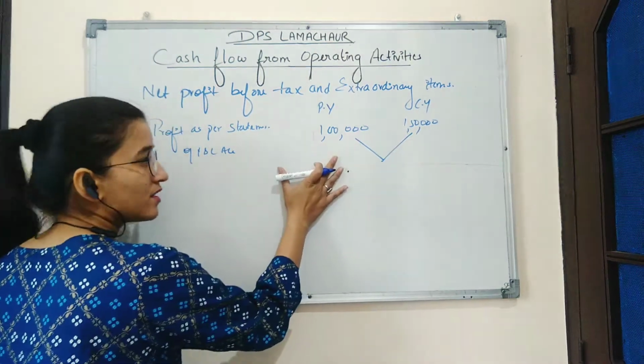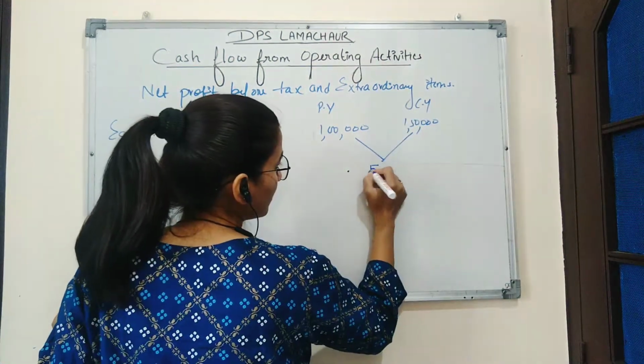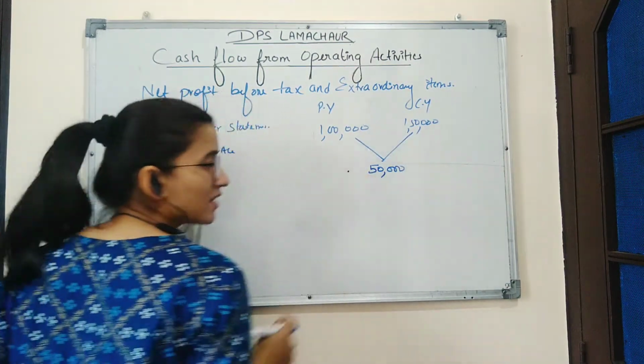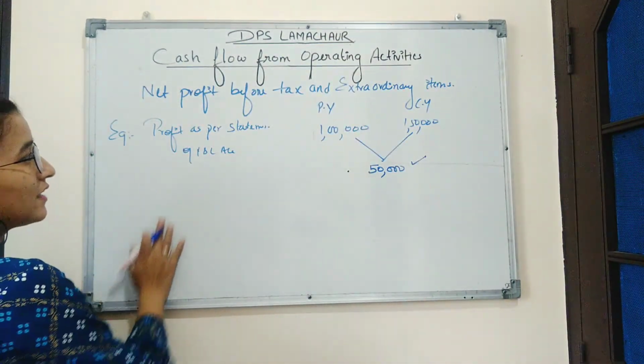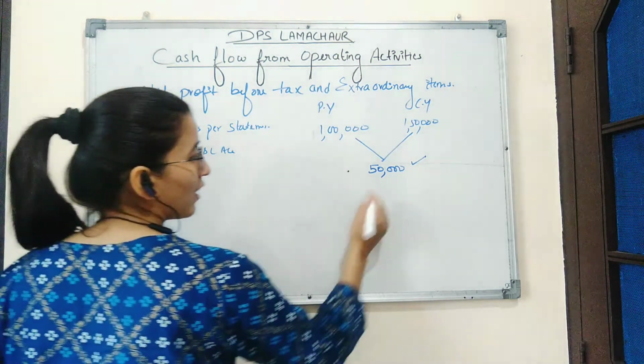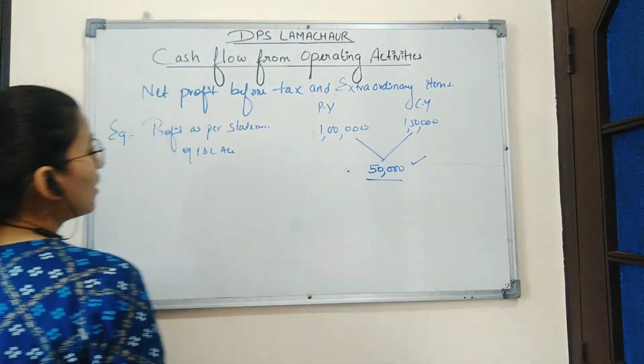So the difference between the previous year profit and current year profit is 50,000. So we will take the profit as per statement of P&L account as 50,000.